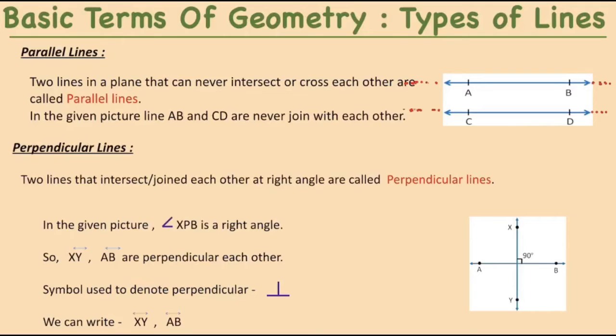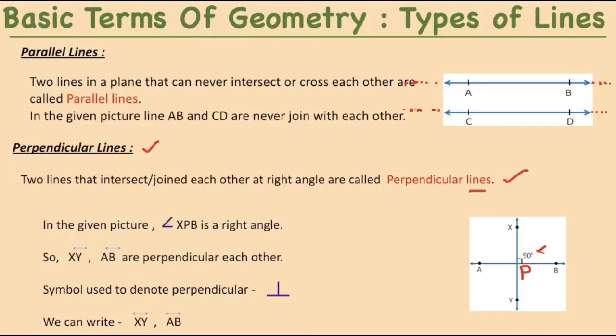Next one is perpendicular lines. Two lines that intersect or join each other at a right angle are called perpendicular lines. In the given picture, you are seeing angle XPB is a right angle. That means it measures exactly 90 degrees. So this angle is called a right angle.